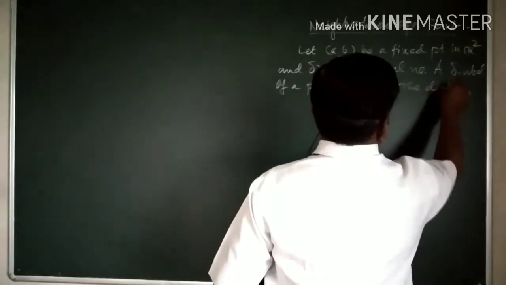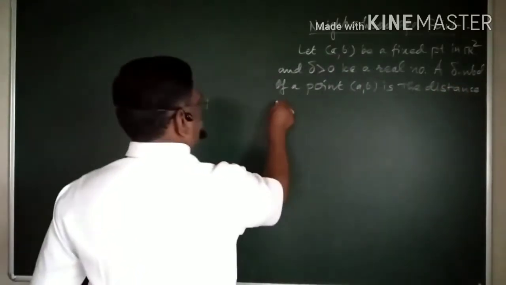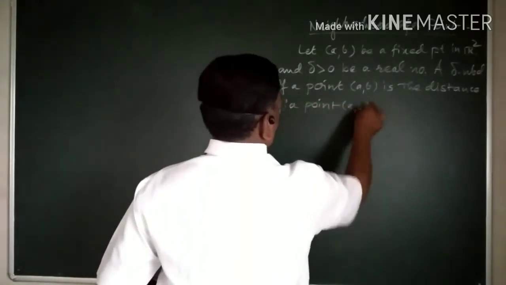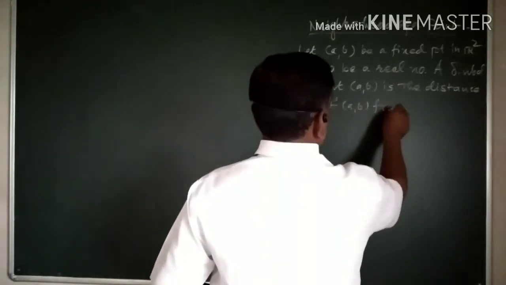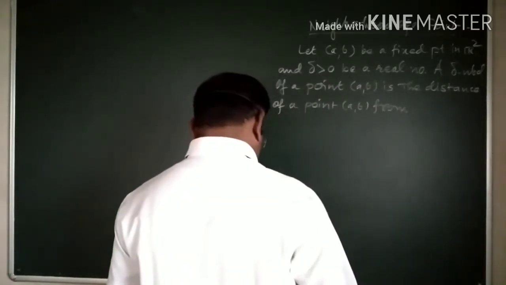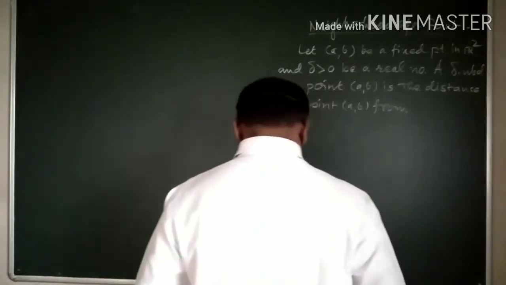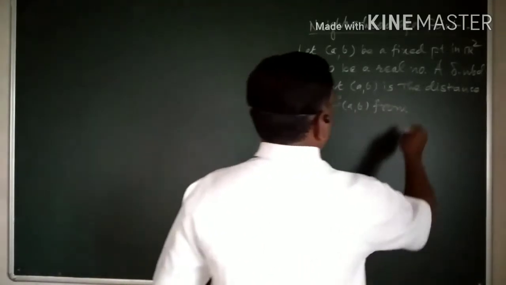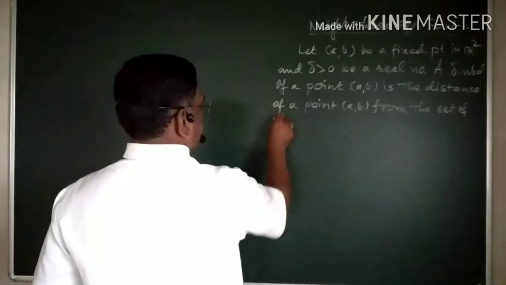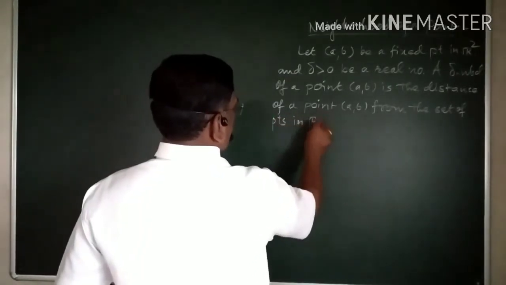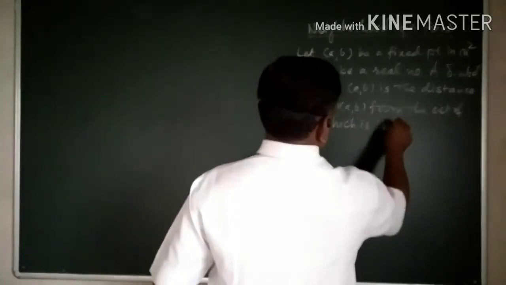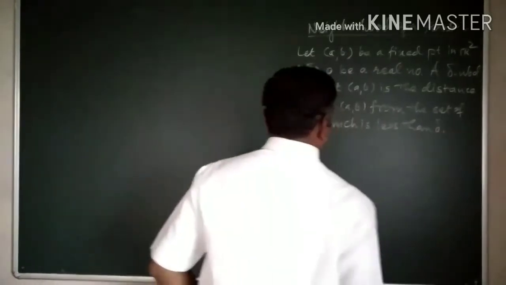the set of points in R2 whose distance from the point (a, b) is less than delta.